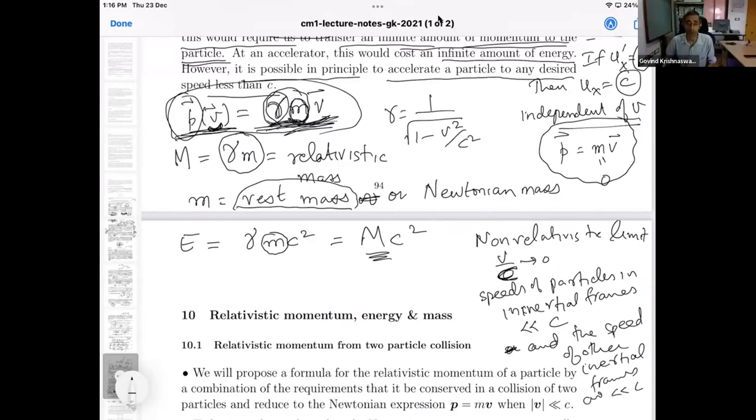So you may be talking about two different frames, then the other frame would be non-relativistically moving relative to this one if its speed is much less than the speed of light relative to the original frame. So C is never infinite.